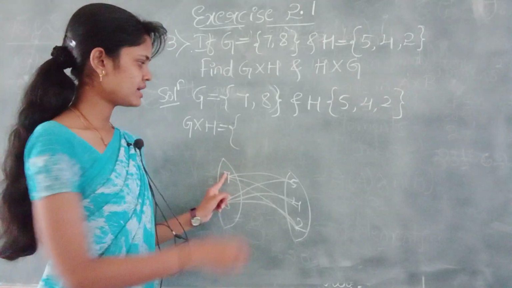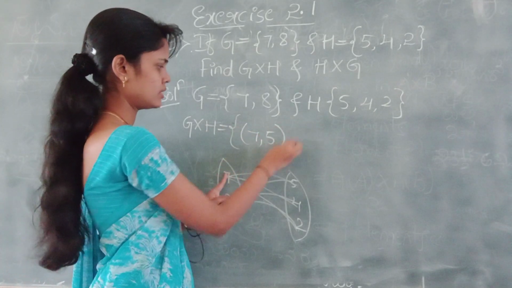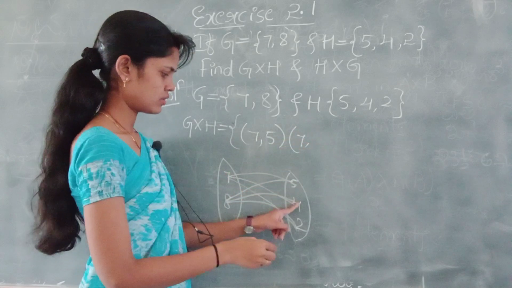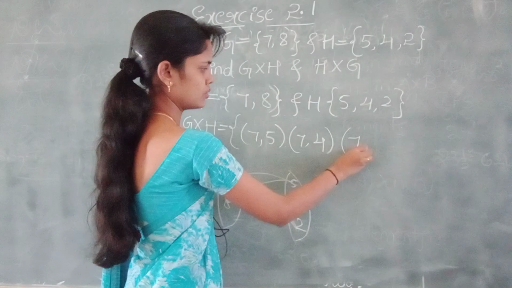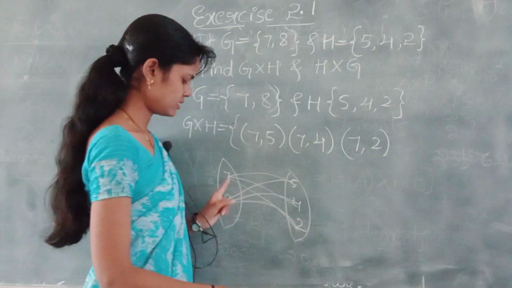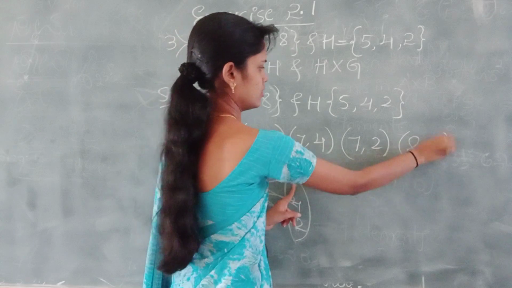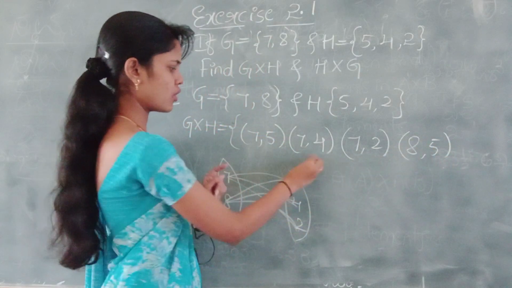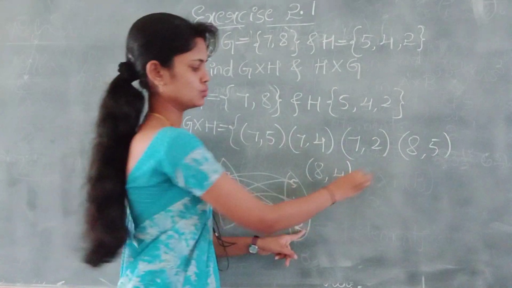So in ordered pairs: (7, 5), (7, 4), (7, 2), and then (8, 5), (8, 4), and (8, 2).